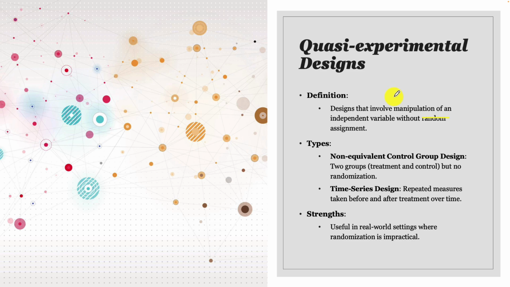So we will put them in groups, but it won't be randomized because we could potentially cause harm to an individual if we put them in a group that induces some unfavorable response or reaction. So we will have two groups, but no randomization. And there will be repeated measures taken before and after, but we will not randomize it.